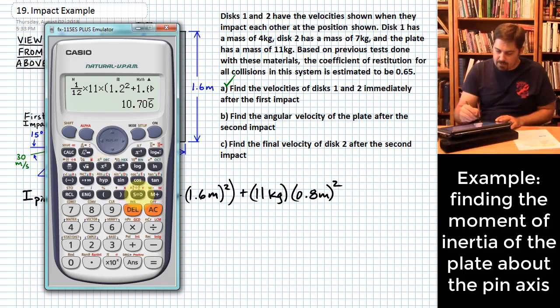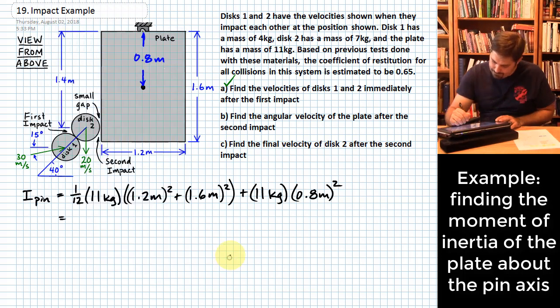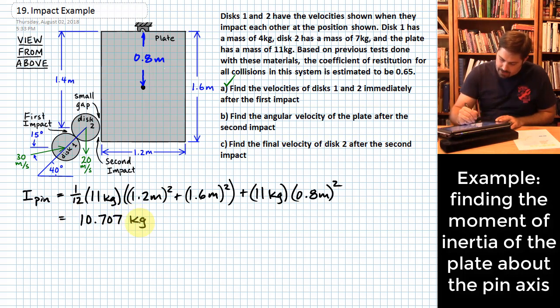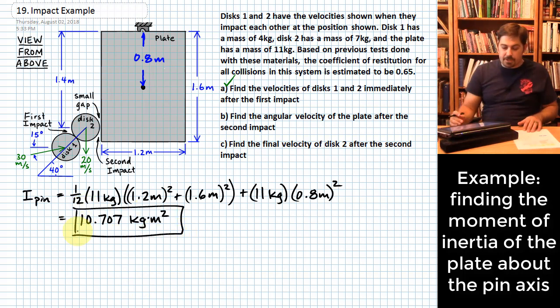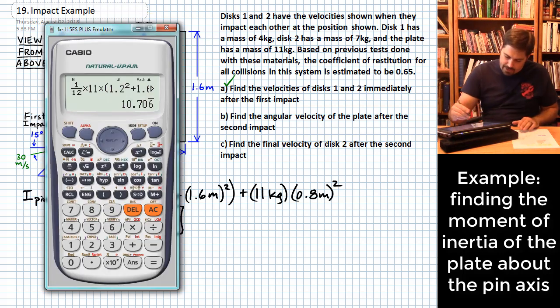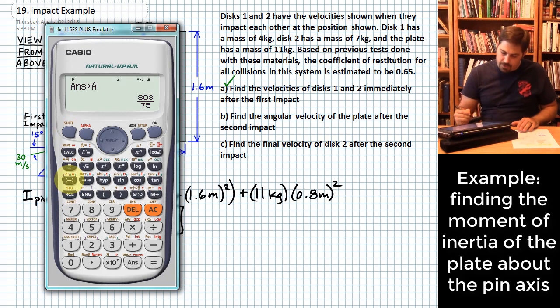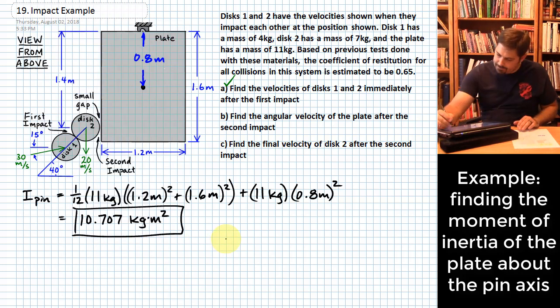And that gives me 10.707. This is going to be in kilogram meters squared. Now, that's interesting to us because that allows us to do calculations involving the angular momentum of the plate around the pin. Let me go ahead and store that. I'll just store it into A.